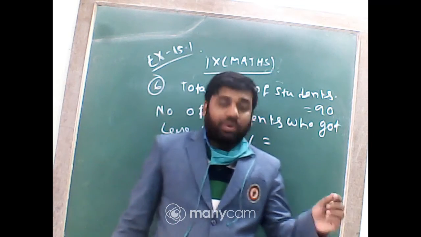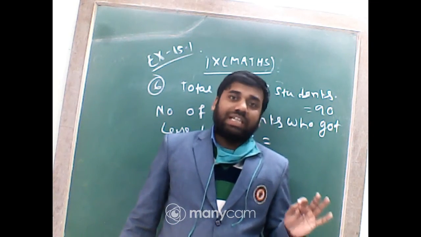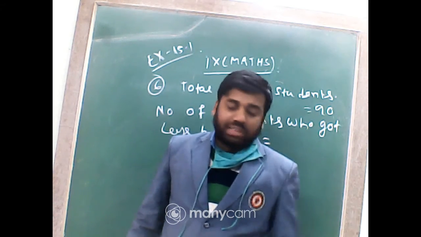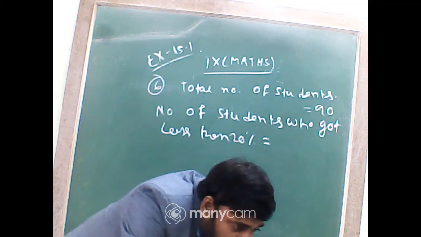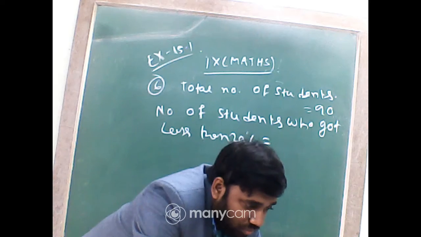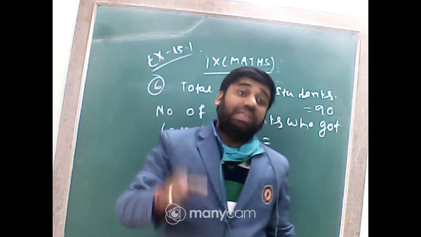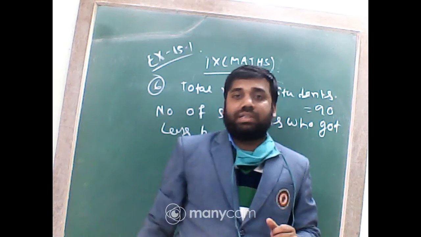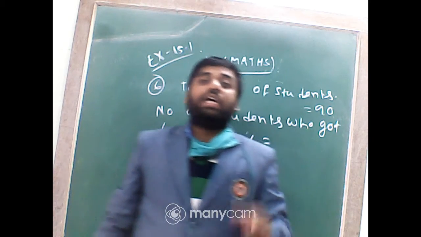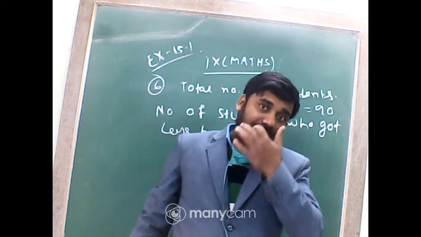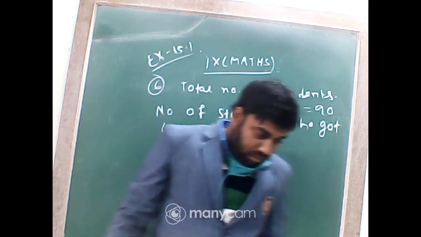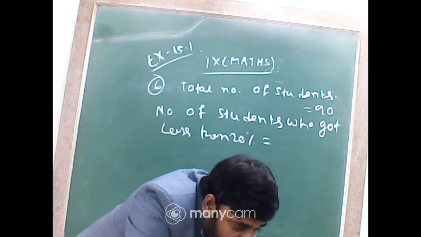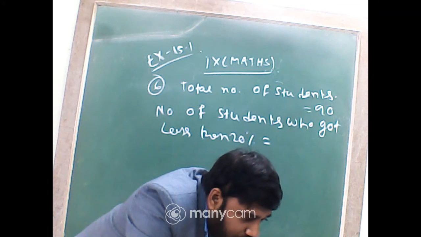Rajanna, this is wrong concept, beta. 0 to 20 means it must be less than 20. Those marks which are less than 20 are being included, not equal to 20. That equal to 20 will be included in the second class of interval. Got it? Got the concept? That interval concept?